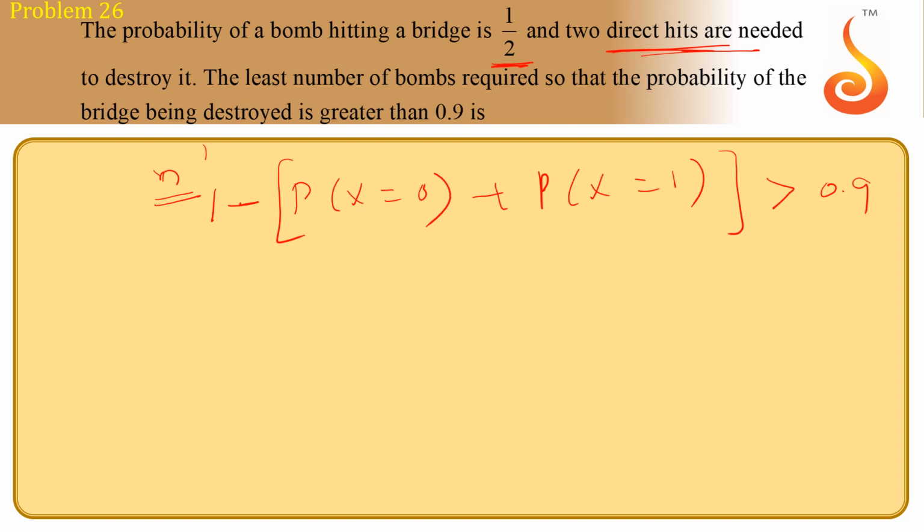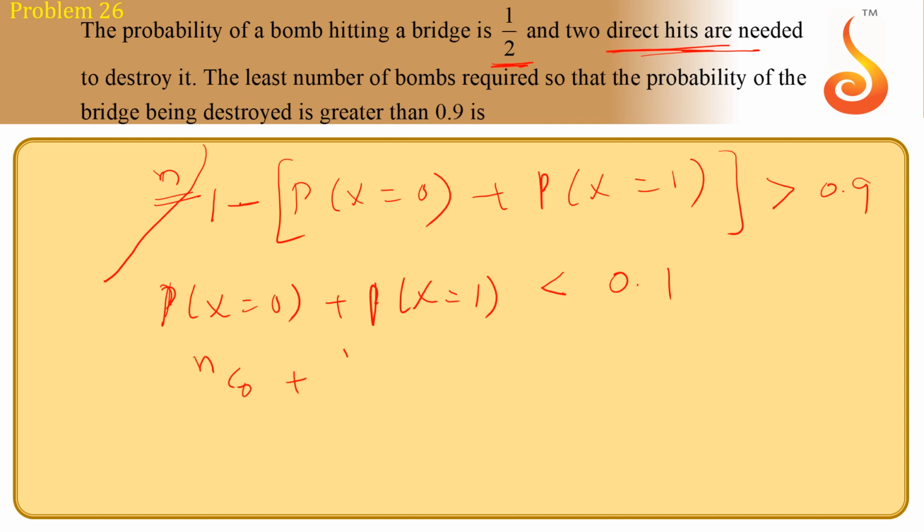That is the question, 1 minus. So can I say P of x equal to 0 plus P of x equal to 1 should be less than 0.1. So what is P of x equal to 0? Because hitting is half means not hitting is also half. So when n bombs are used, P of x equal to 0 will be nC0 by 2 power n, plus nC1 by 2 power n. So solve this and get the least value of n.